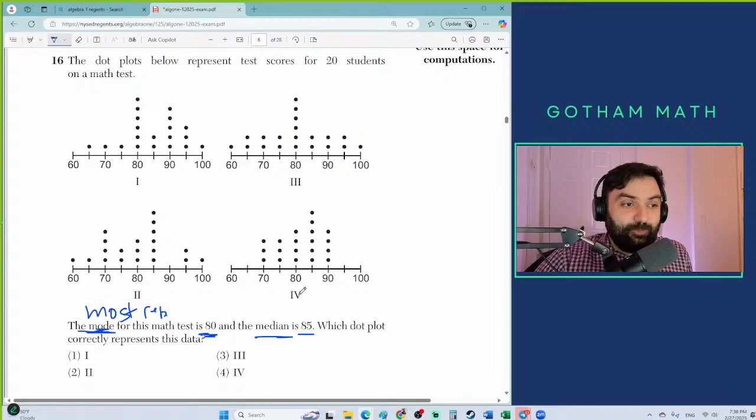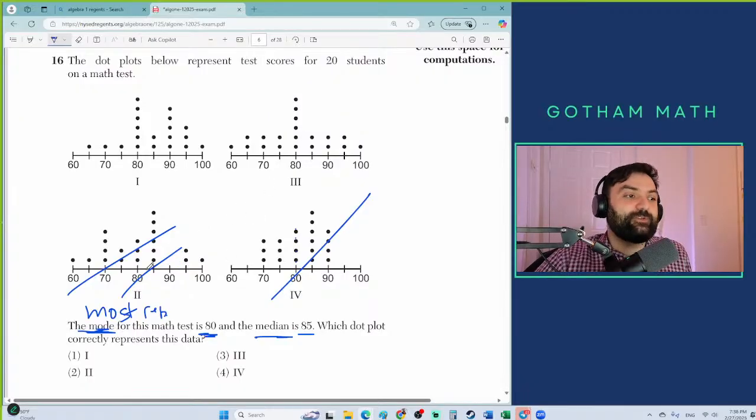Not in number 4, because 80 has 4 dots there and 85 has more. It could have been 1 or 3, because 80 is listed the most times there. It's not number 2. So right away, by knowing what mode is, you can eliminate number 2 and number 4.